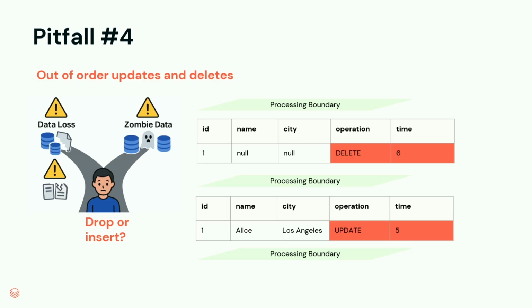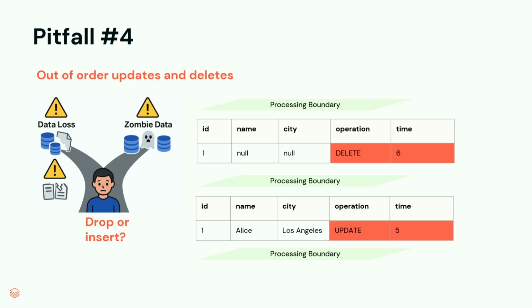So what do you do? You have two options. One is, let me just insert that row. But in this case, you can tell that if you insert the row, that becomes zombie data, because that row should have been deleted at time 6. So it won't be the correct result. Then option 2 is, that ID no longer exists in the target table, so let me just drop it. In this case, dropping it would have been the right implementation and the correct result.